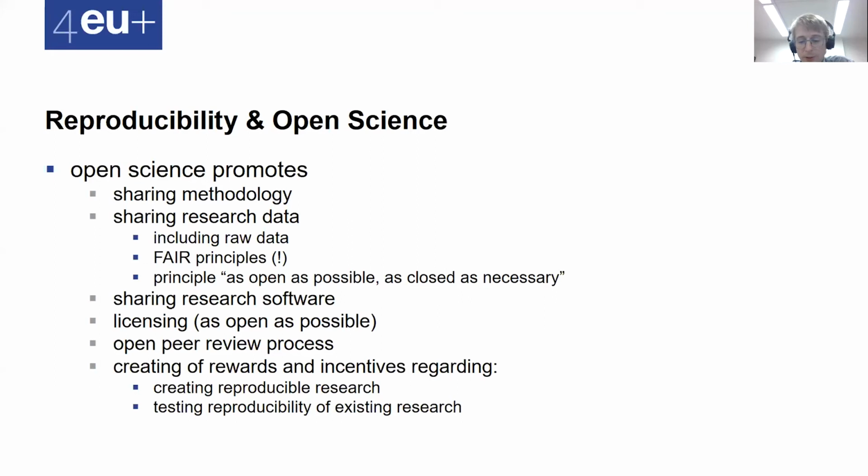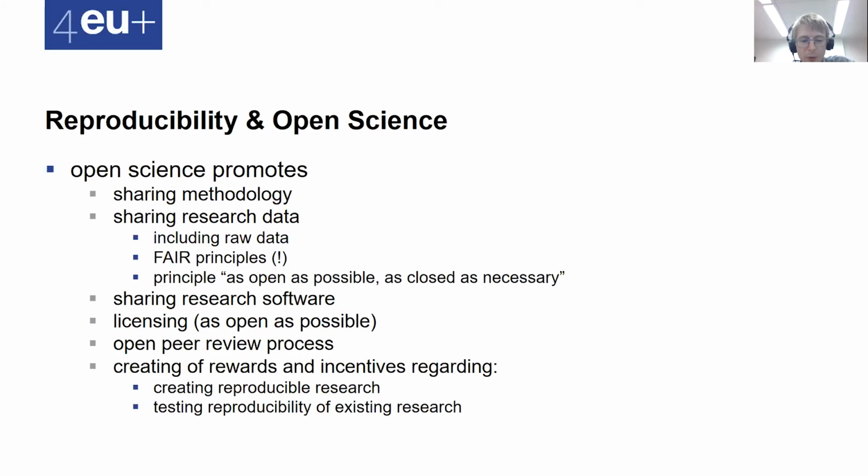Sharing research software, which you used for your work, is important as well. There will be a session on this as well in our webinar series. Licensing is important. The things should be available as openly as possible. So again, reproducibility should be helped by this.